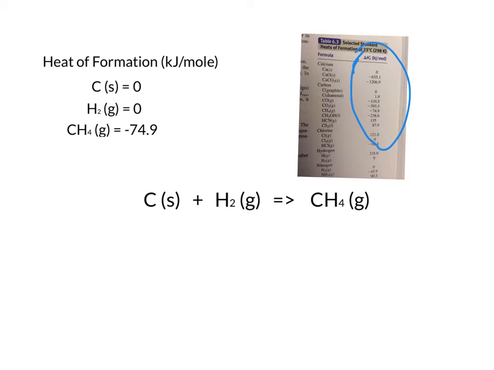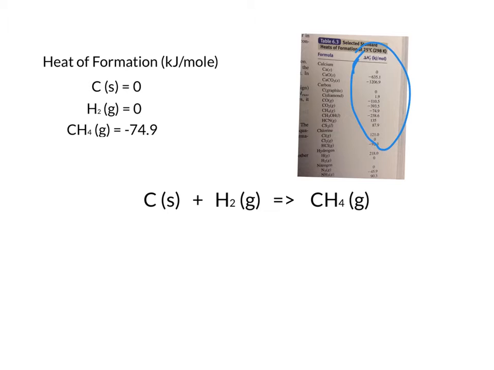standard heats of formation. And if you notice, a lot of the elemental forms that are at 1 atmosphere, approximately 25 degrees Celsius, in their most stable state. So calcium at 1 atmosphere of pressure and 25 degrees Celsius will be a solid, and we say it's the most stable state, so therefore we give it a number of 0.